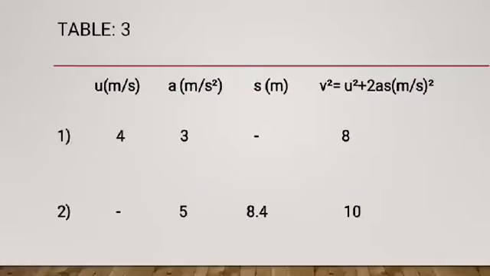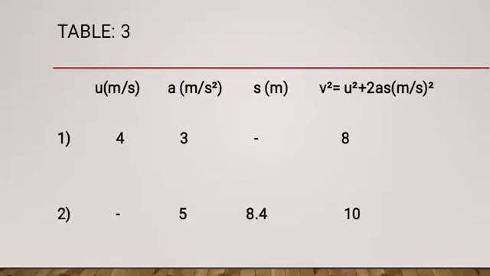Now table number 3. Here initial velocity, acceleration and displacement are given, and we will solve for the velocity by a different formula, which is v square equals u square plus 2as, meaning velocity square is equal to initial velocity square plus 2 into acceleration into displacement.